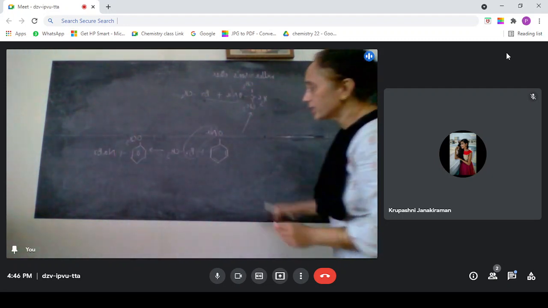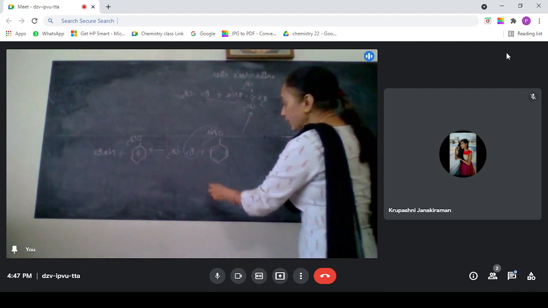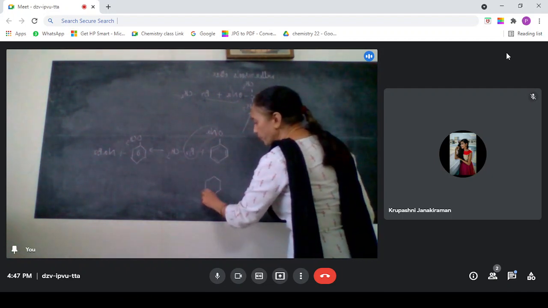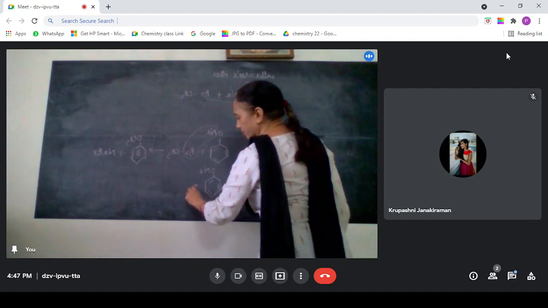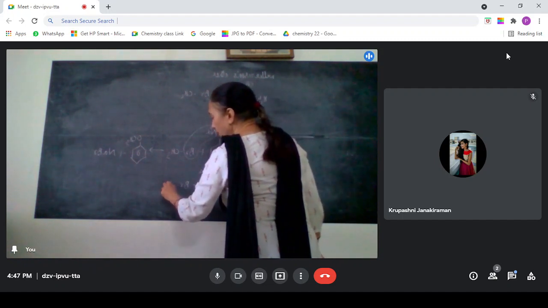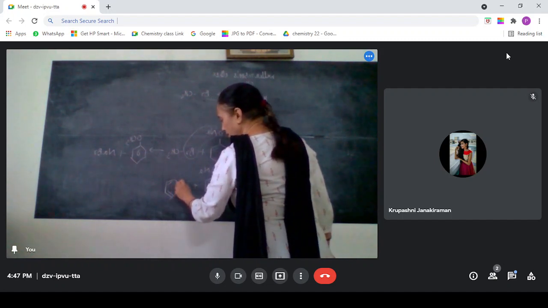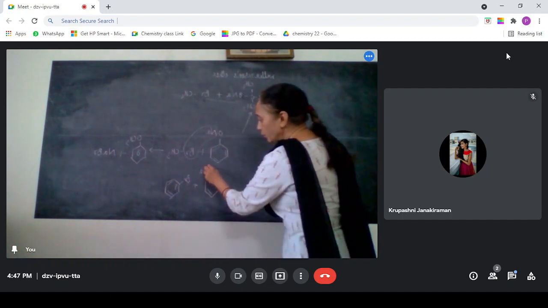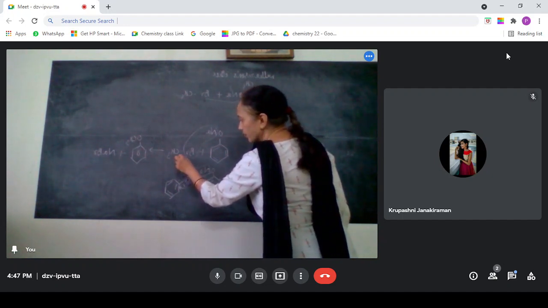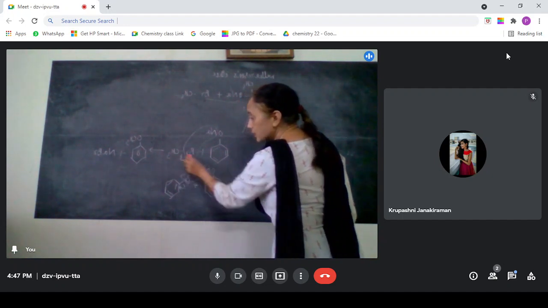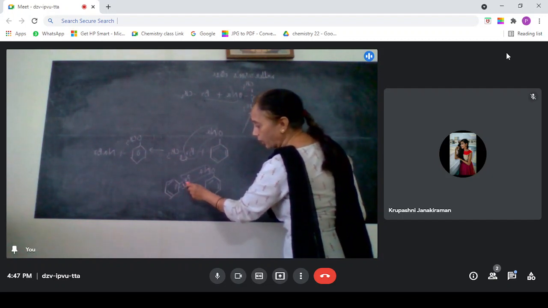You can use this to prepare alkyl aryl ethers, but you cannot use this to prepare diaryl ethers. That is the other limitation. Why? Because if you have another aryl group like this, you have to break this bond. This breaking is easier than breaking of this bond.